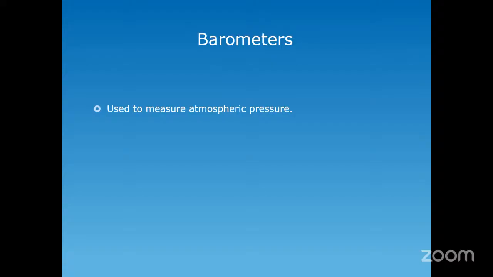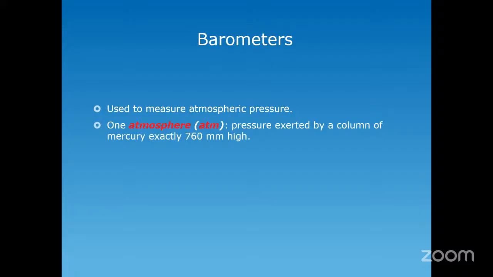And let me just say, and I'm quite sure you probably know this, that the atmospheric pressure changes with weather conditions and so on. So the instrument that is used to measure atmospheric pressure is the barometer.